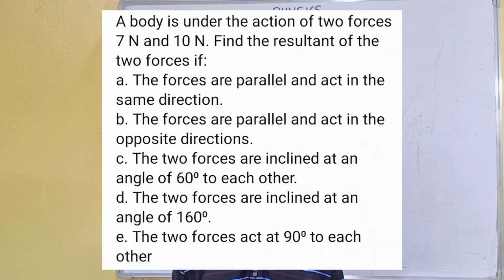B, the forces are parallel and act in opposite direction. C, the two forces are at an angle of 60 degrees to each other. D, the two forces are at an angle of 160 degrees. Then E, the two forces act at 90 degrees to each other.